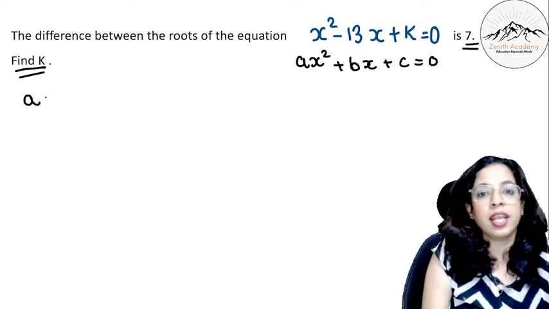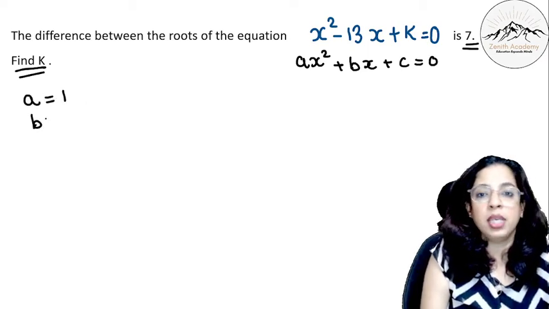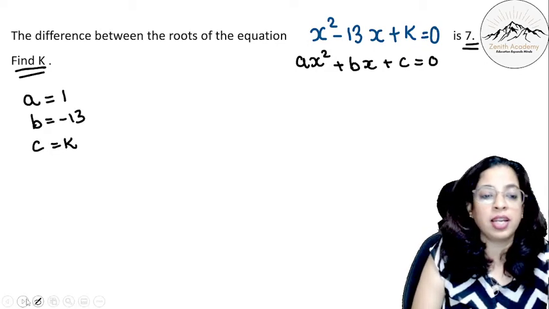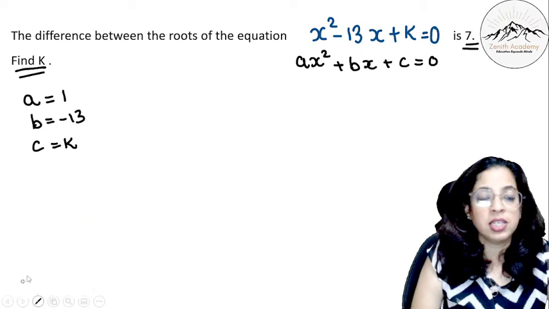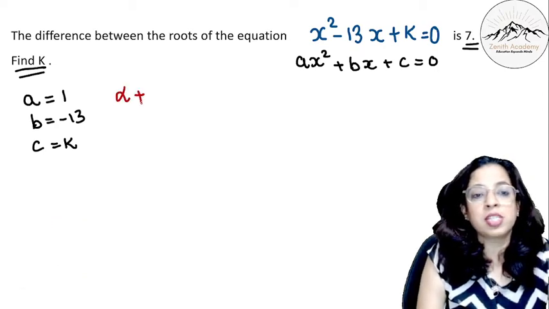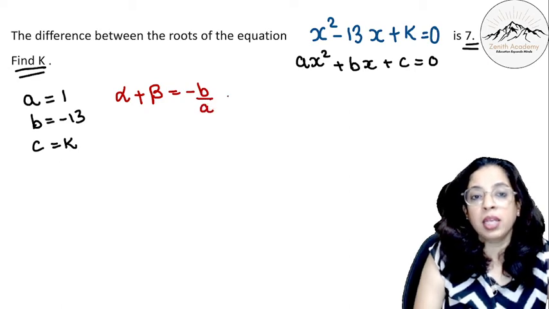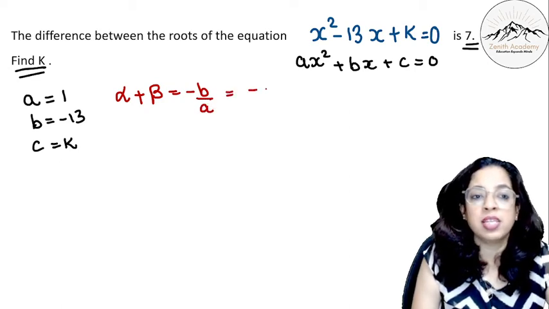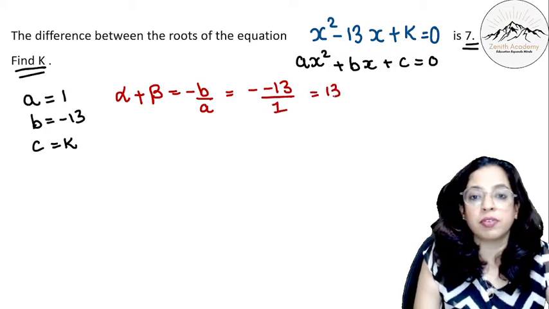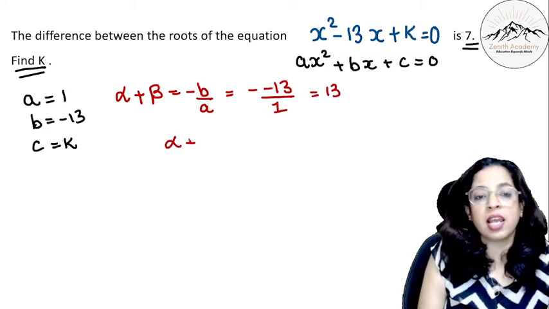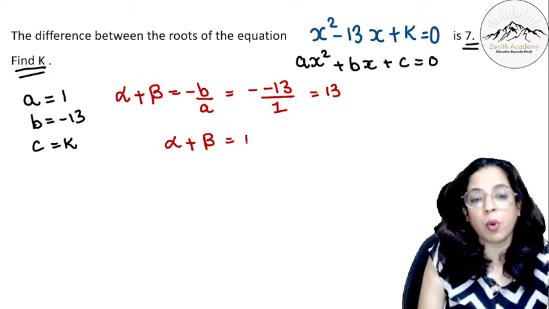Then you can write a is equal to 1, b is equal to minus 13 and c is equal to k. So what will be alpha plus beta? Alpha plus beta is minus b by a, so it is minus of minus 13 by 1, which is positive 13.